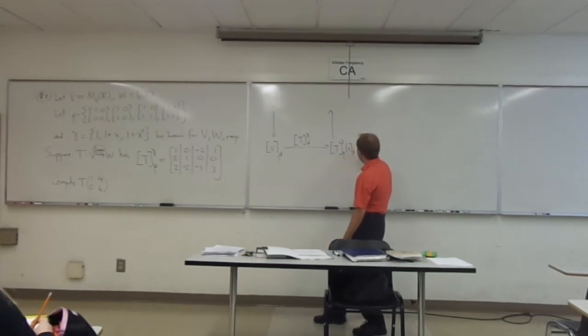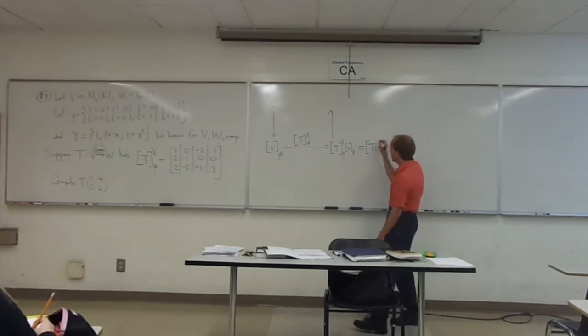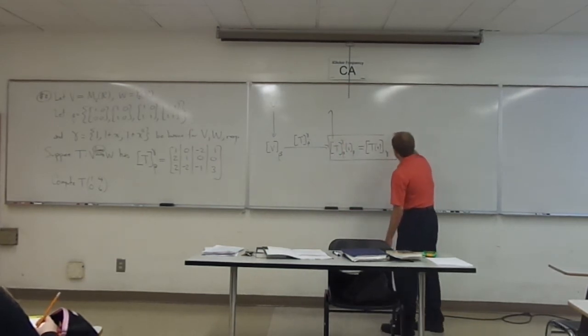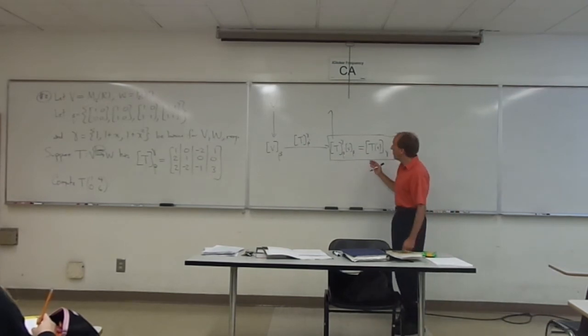You'll remember that what you get when you do that multiplication is exactly the output of T with respect to gamma. So this thing, I didn't prove this formula yet, but I want you to know this formula.